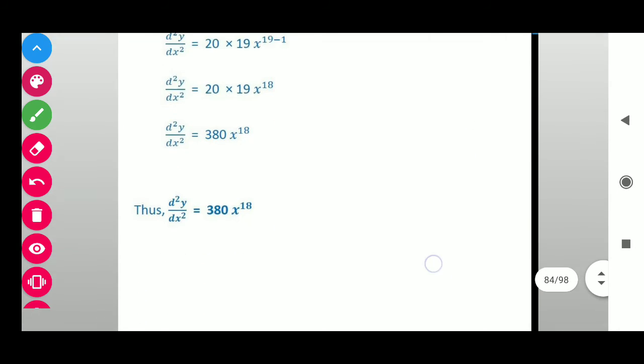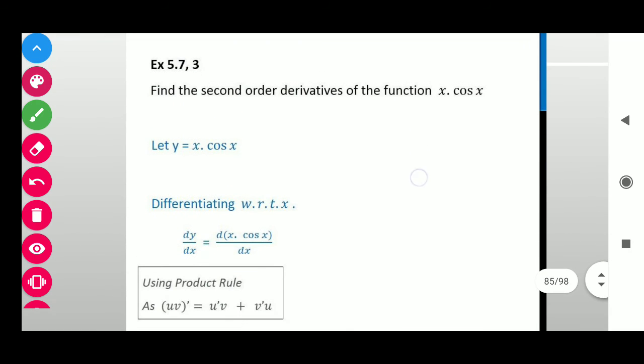Now, here we have question number 3. Find the second order derivatives of the function x into cos x. Students, here you can observe we have two functions. First is algebraic, x is algebraic, and second is the trigonometric function. So students, we will apply here the product rule. So differentiate with respect to x, we get dy over dx.